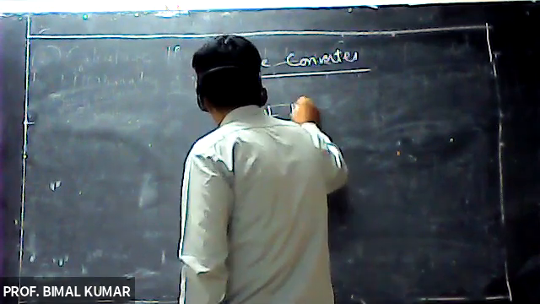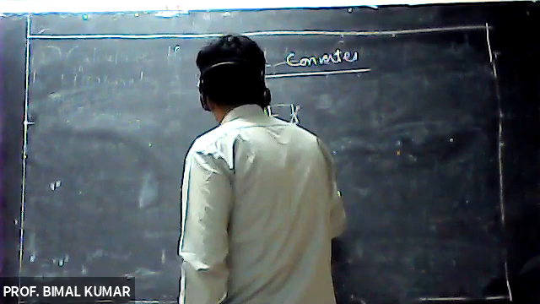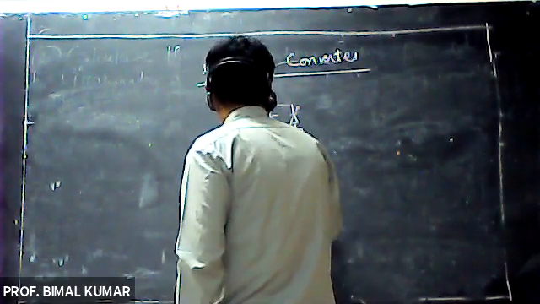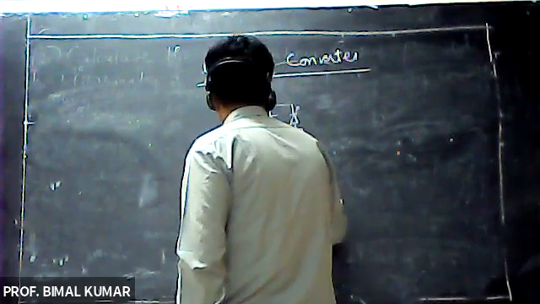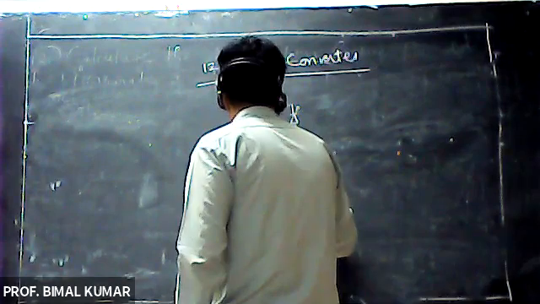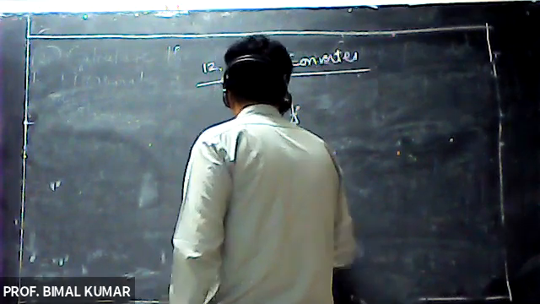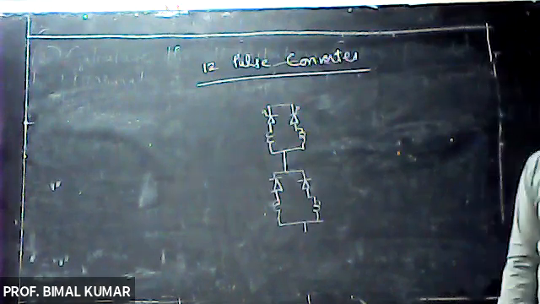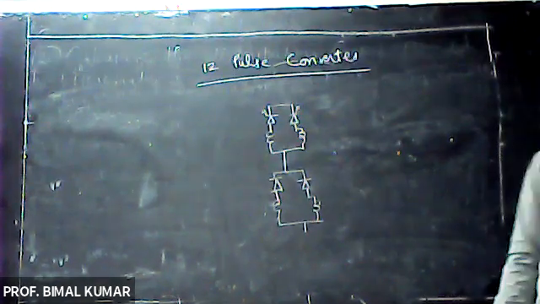Here, these are 2 thyristors. This is the diagram for 6 pulse converter.